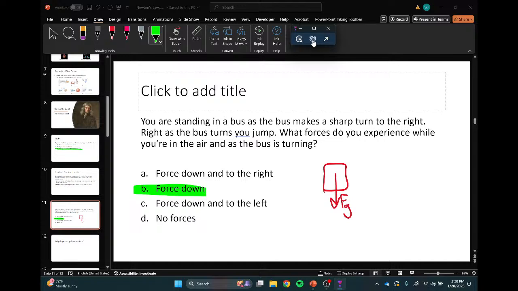It's not that you're getting pulled, it's that the car is leaving you. If the car doesn't push against you, there's no reason you should turn as well. The only reason you make a turn in a car is because the car has to push against you in some way: seatbelt, wall of the car, something. Otherwise, Newton's first law says you're going to keep moving in the direction you're moving. You're going to keep moving forwards.